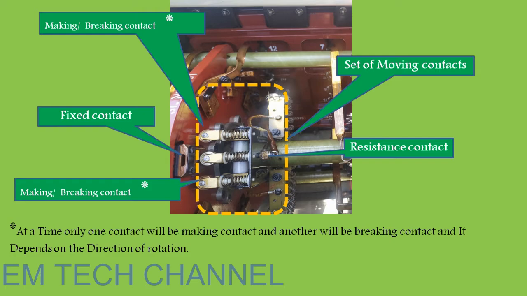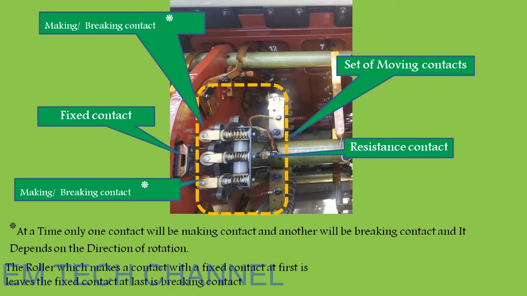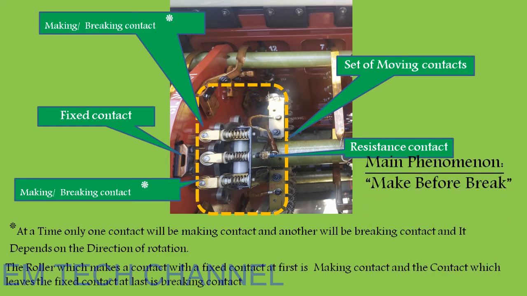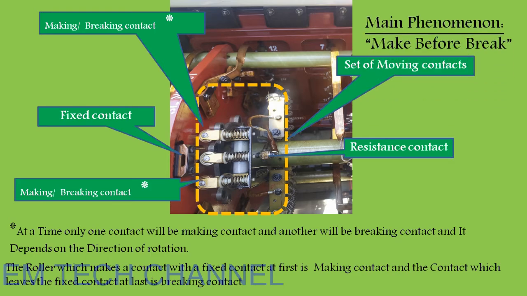It depends on the direction of rotation of the tap changer, whether you are increasing the tap or decreasing the tap. And the roller which makes contact with the fixed contact first is the making contact, and the roller which leaves the fixed contact last is called the breaking contact. For example, let us consider I have a tap changer with two taps, tap 1 and tap 2, and now I am going to change the tapping from tap 1 to tap 2.